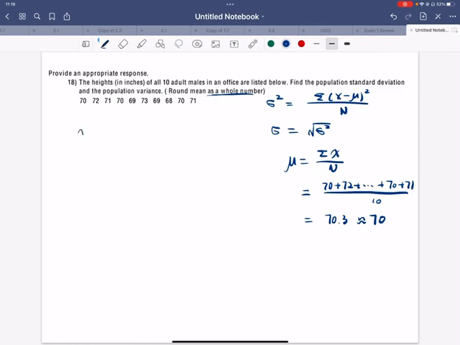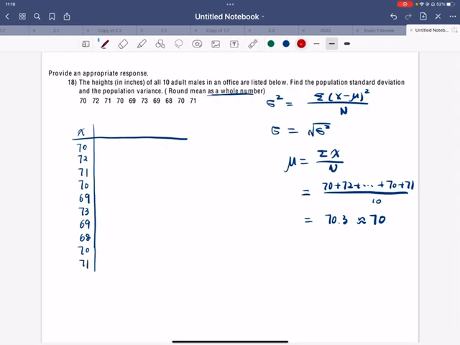So for this table, I have a list of all the x's. According to the formula, we need to calculate the difference of x and mu. X minus mu is the deviation, right?